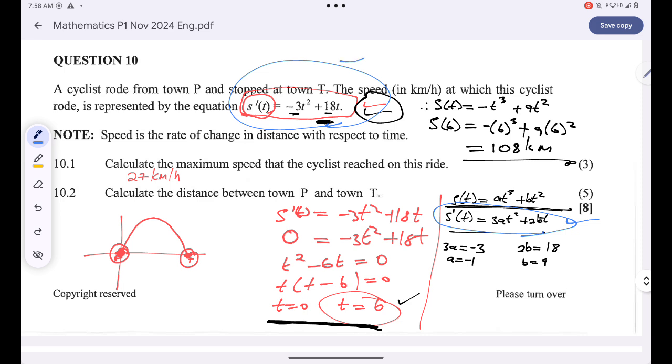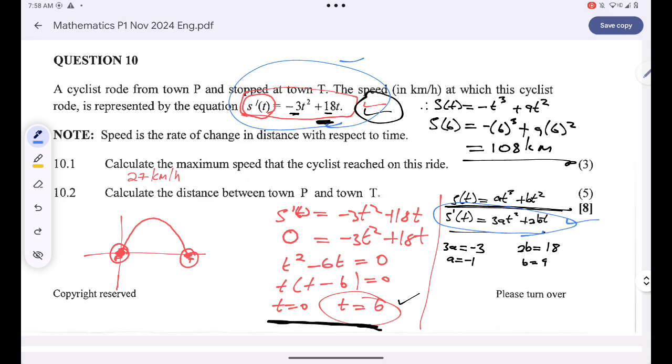So that's why I have equated the corresponding coefficients. So 3a is equal to negative 3, and then 2b is equal to 18. Are you together? And then I found that a is equal to negative 1 and b is equal to positive 9.